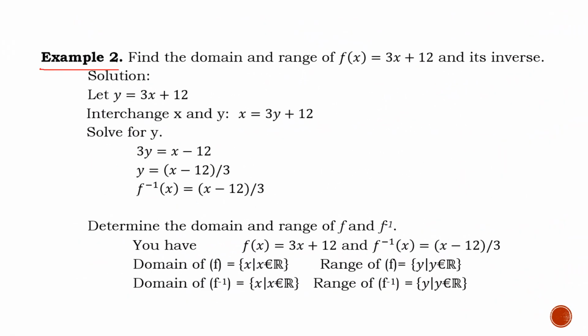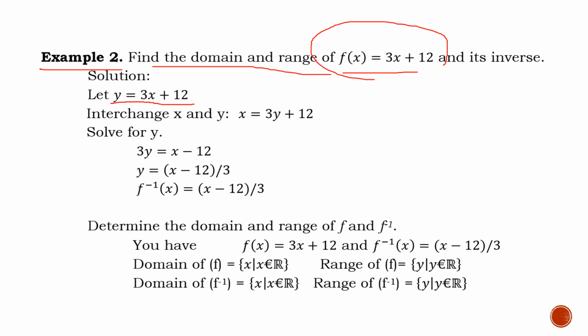So for example number 2, find the domain and range of f of x is equal to 3x plus 12 and its inverse. The first thing to do is to rewrite the given original function, and we replace f of x by simply using y, so it becomes y is equal to 3x plus 12.